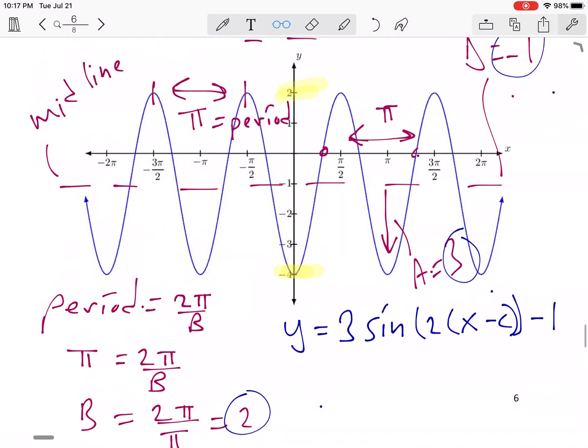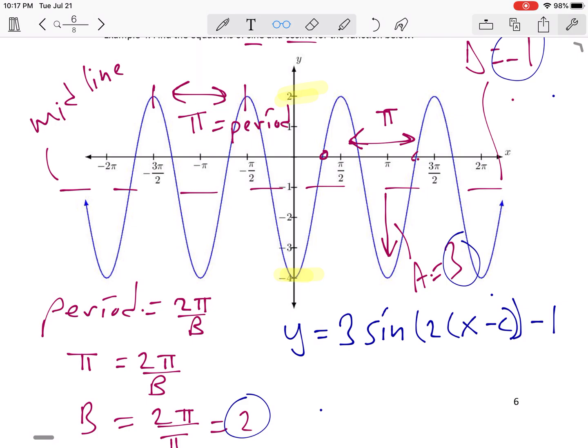When it's a sine, remember, it has to do with where you start. For a sine function, you start at 0, but it's no longer 0. So let's say our sine function starts right over here. Let's call this the start for the sine.